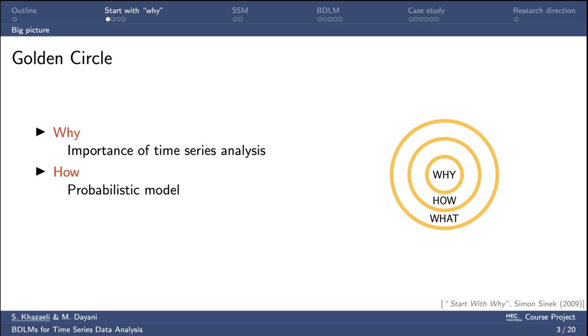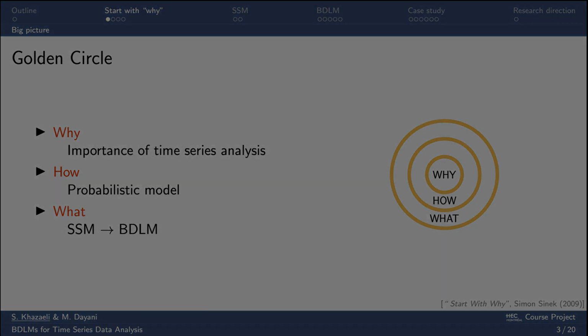The next question is how we analyze a time series, and the answer is probabilistic models. Why? Because probabilistic models can quantify uncertainties. And the last question is what is the product or the tool that we're going to use? And the answer is the state space model, which leads to the Bayesian dynamic linear modeling within this presentation. And I will talk mostly about the BDLM, but it is necessary to understand the postulations behind it.